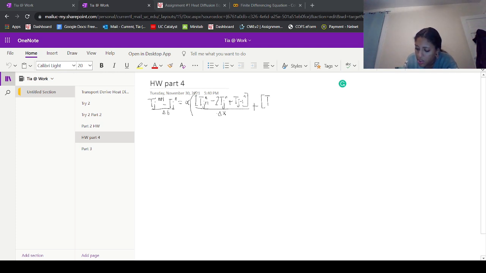So T_j plus 1, n plus 1, and then minus 2T_j, n plus 1, and then plus the temperature at position j minus 1 at the second time.